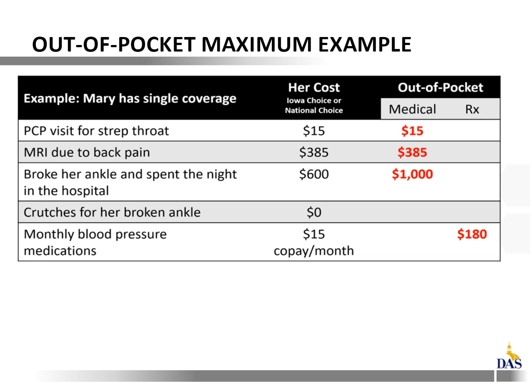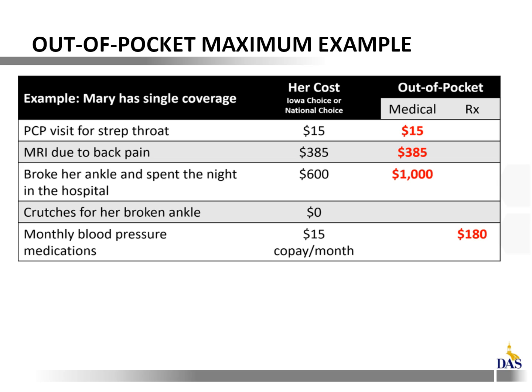Later in the year, she has an MRI due to back pain. The cost of the MRI is $1,600. Her portion is $250 deductible plus 10% coinsurance for a total of $385. Now she has $400 toward the medical out-of-pocket maximum.